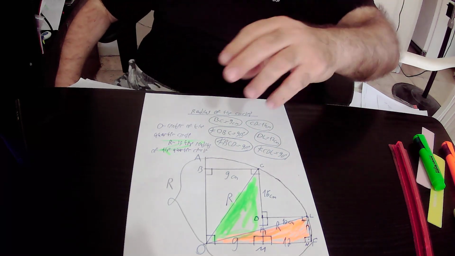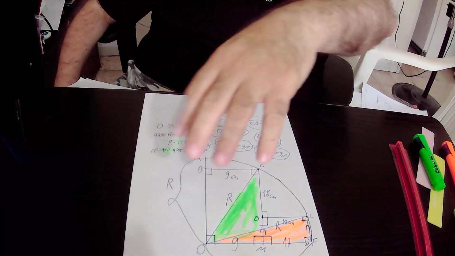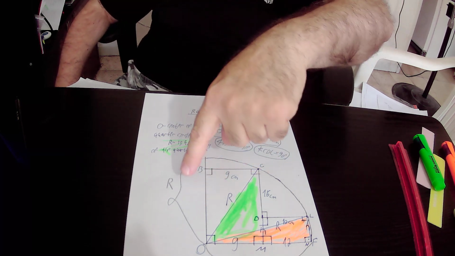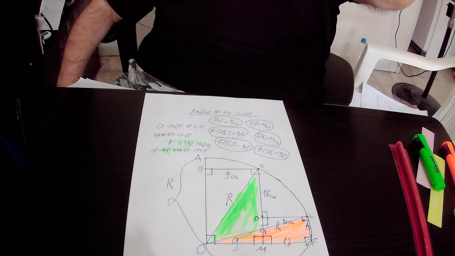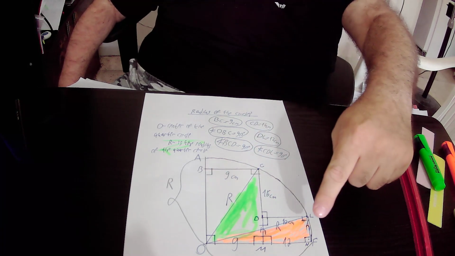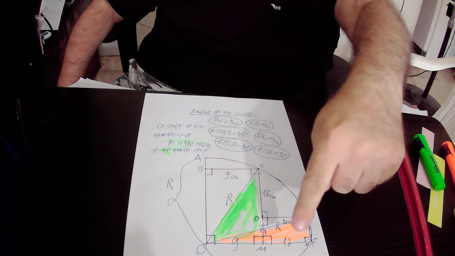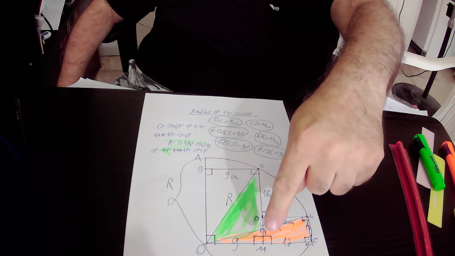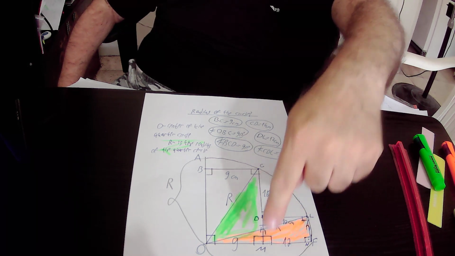So we define the radius of the quarter circle as capital R, therefore AO equals capital R. That is the radius of the quarter circle. Likewise, OF also equals capital R, that is also the radius of this quarter circle.